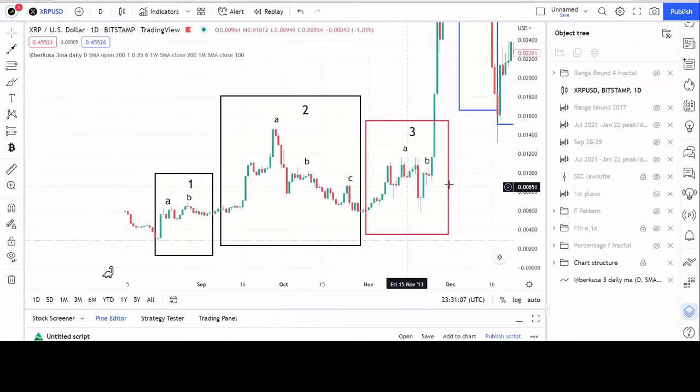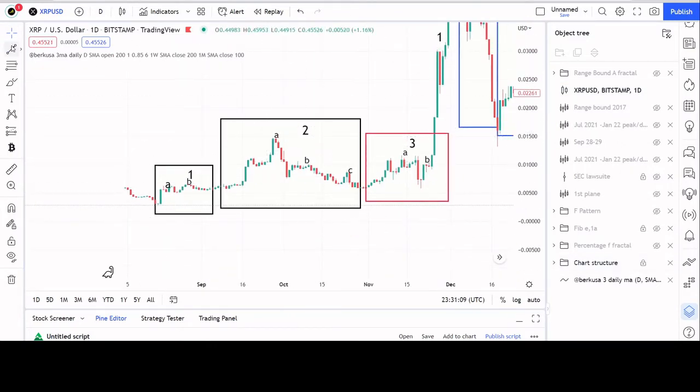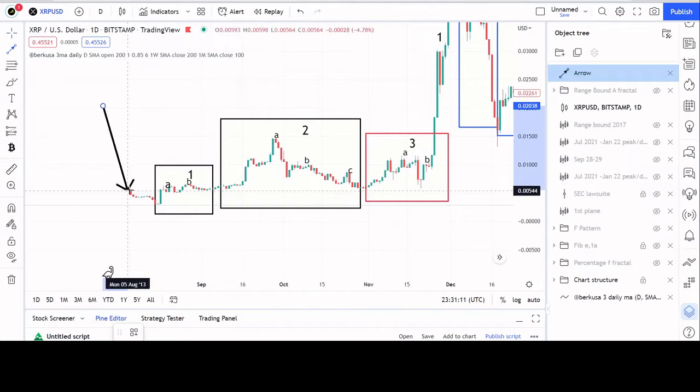Okay, so here we are at the very, very beginning of the XRP chart. I believe that this right here is a fraction of the capitulation fractal that takes place at the end of an XRP decline. This is where it moves up, and as you can see, it has a peak, and then it winds its way down.